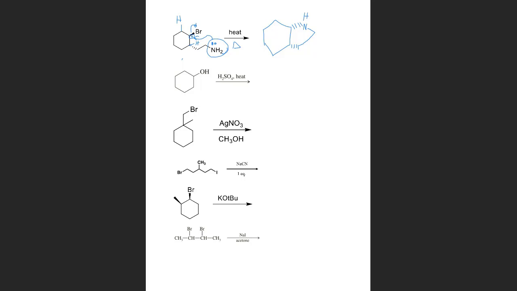So yeah, I was told that they expected to have the opportunity to put heat under any arrow, whether or not it's SN1 or E1. Again, they'll ask for the substitution product, or they'll ask for the elimination product, or they'll only give you one option.